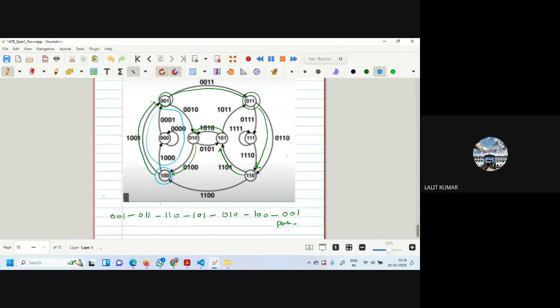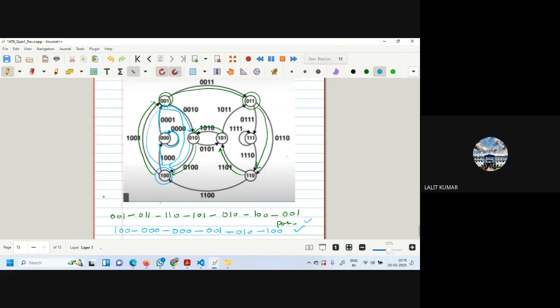We go to 0, 0, 0, make a round trip around 0, 0, 0, go to 0, 0, 1, come back to 0, 1, 0, and now come back to 1, 0, 0. So we have covered this part, and we can write this: 1, 0, 0 to 0, 0, 0 to 0, 0, 0 to 0, 0, 1 to 0, 1, 0 to 1, 0, 0.